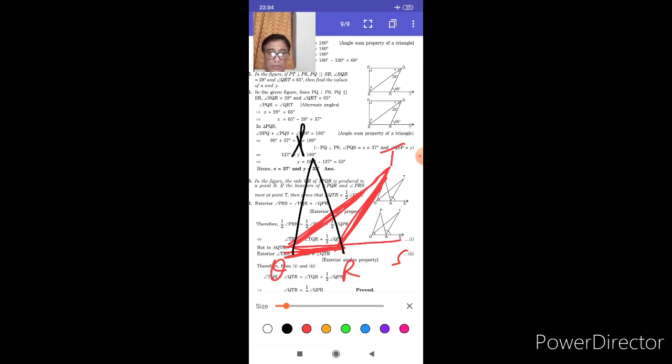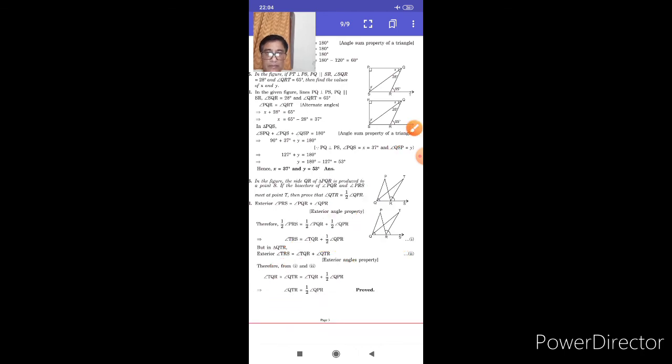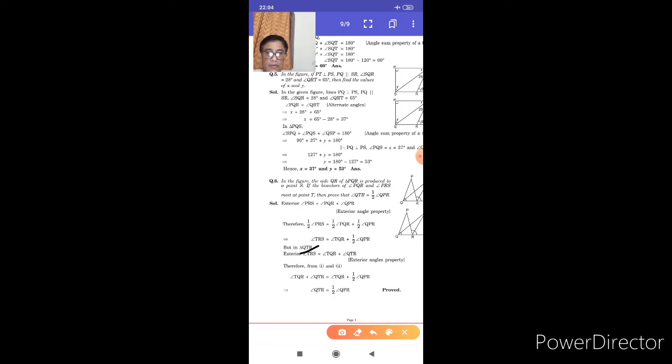Okay, so if you see this triangle QTR, in this triangle, exterior angle TRS, this one, in this dark triangle, this exterior angle TRS equals the sum of the opposite interior angles, that means this T and this Q. So here we write angle TRS equals angle TQR plus angle QTR, by exterior angle property in triangle QTR.